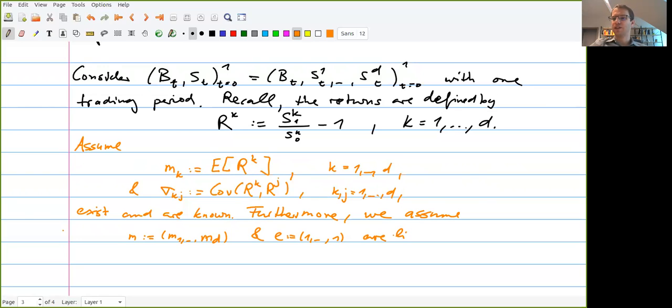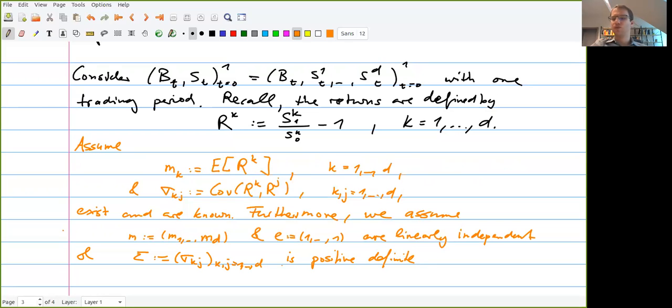So for this section, we need a bit of linear algebra. And we assume that the matrix of covariances, the matrix consisting of these sigma_kj, so this covariance matrix, is positive definite.